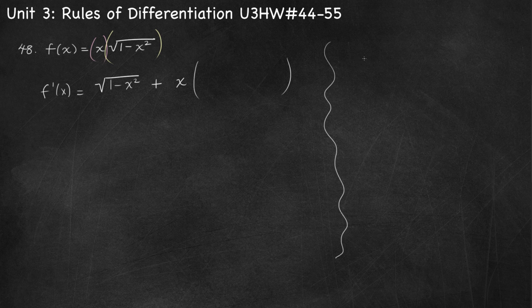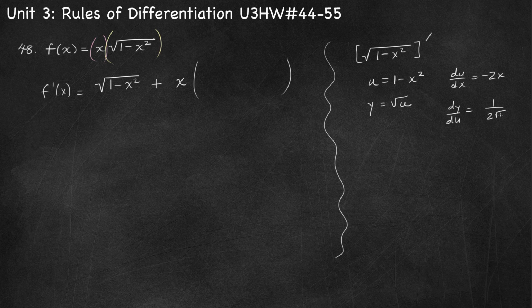So just as a side work over here, I'm going to find the derivative of 1 minus x squared. I want to find that derivative. So my inside function is 1 minus x squared. My outside function, y equals square root of u. My derivatives then, the du dx equals negative 2x, dy du equals 1 over 2 square root u.